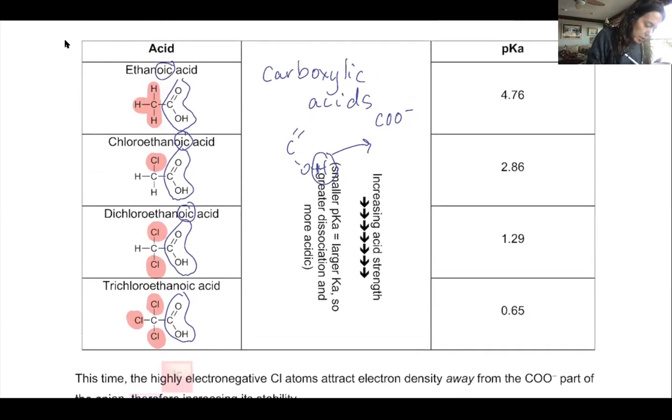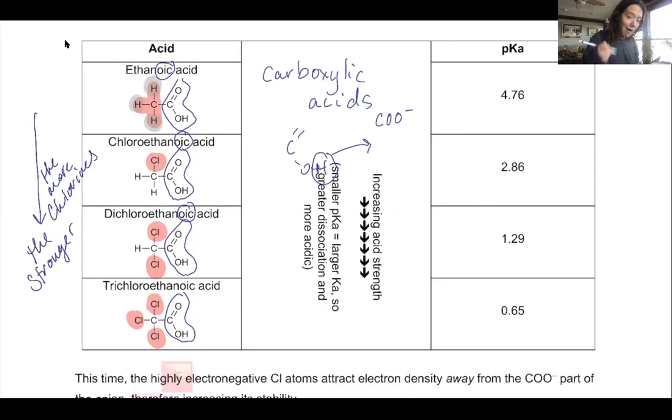But now what we see is we are replacing hydrogens with chlorines. And the more chlorines, the stronger. What does that mean? That means that what is left behind is a more stable conjugate base.